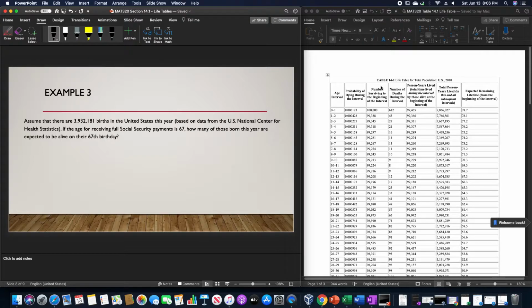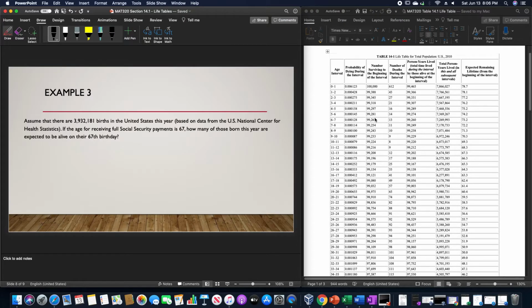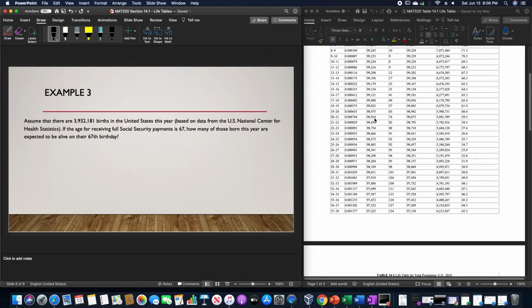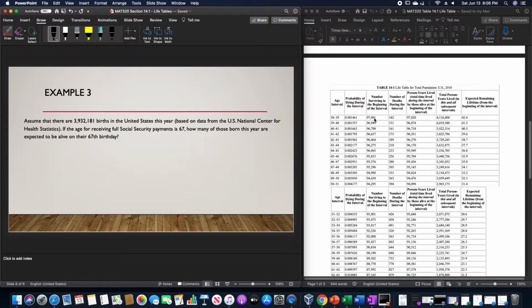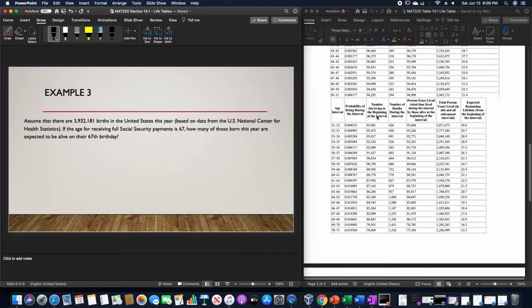So, from this table, among these 100,000 people that were born, if we go down to the 67, we expect that 82,098 of them will survive to the 67th birthday.